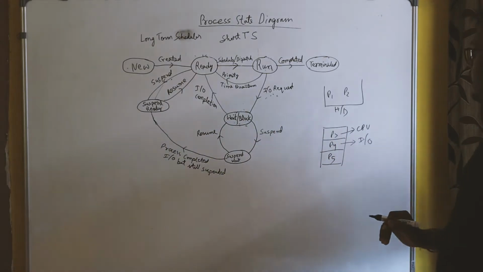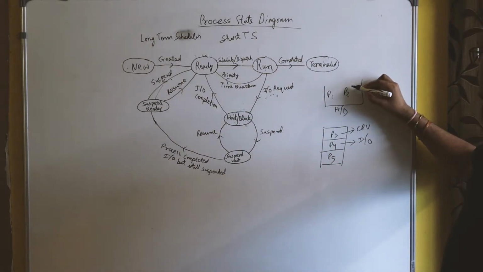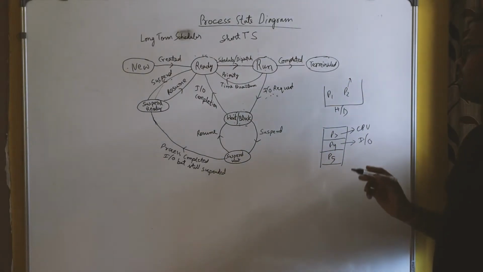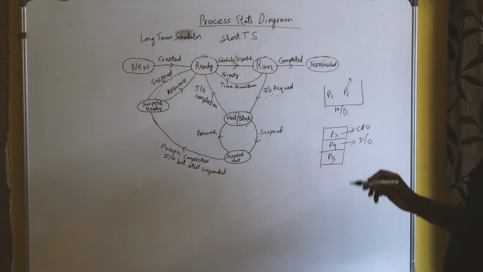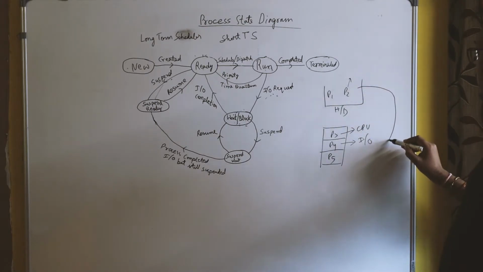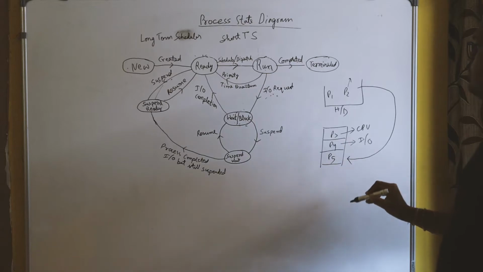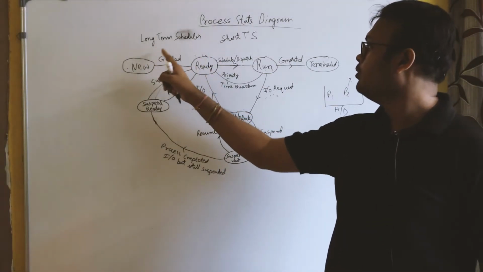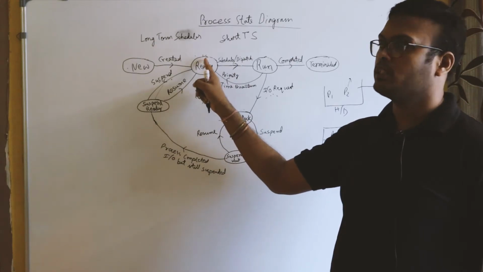And suppose the priority of P1 goes high. So P1 has to be executed. For that P1 wants to enter into the ready state, into the RAM from the new state to ready state.